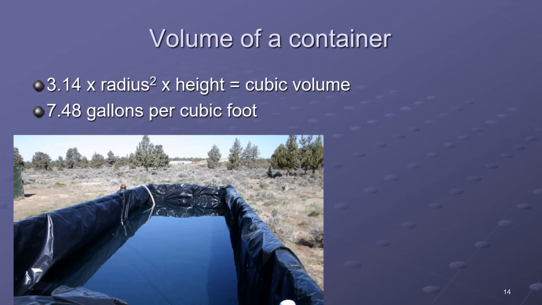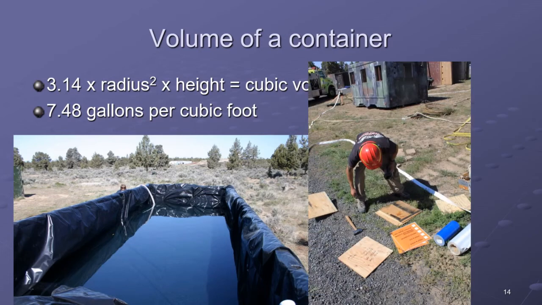Multiply that by 7.48 gallons, and you get gallonage. Looking at a square container, it's just length times height times width in feet gives you volume in cubic feet, and you multiply that by 7.48. It's nice to know how much volume you have available to you.